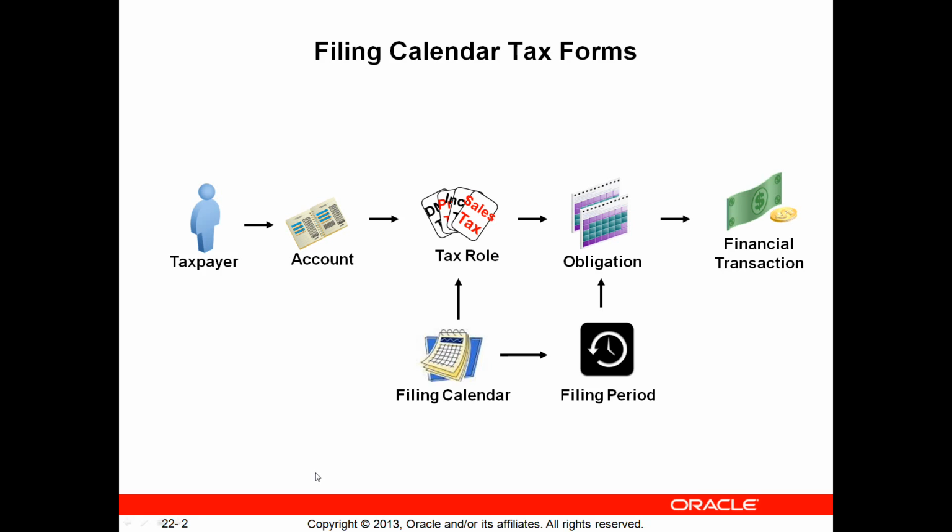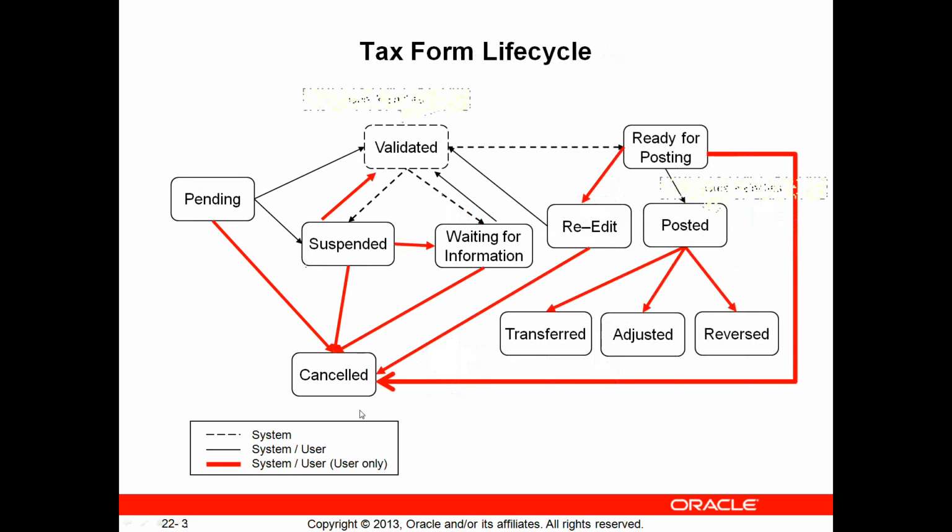So what we will see is that we will create different form rules at different points within the life cycle of the tax form. If you look at this slide, you'll see the life cycle of the tax form, and the state in which the tax form was originally created is the pending state. And then it goes through a validation step.